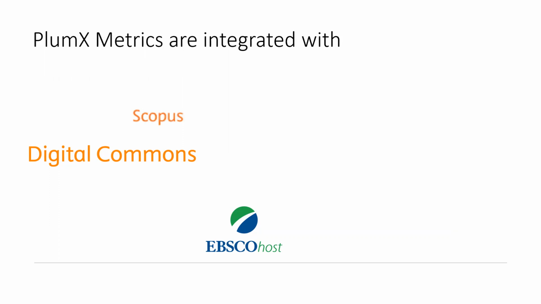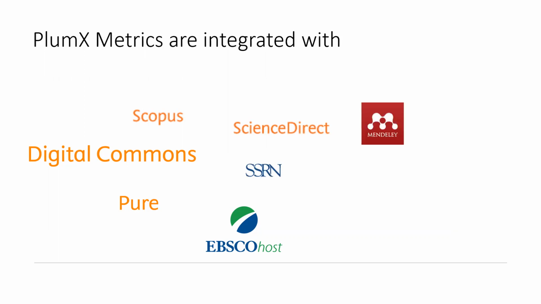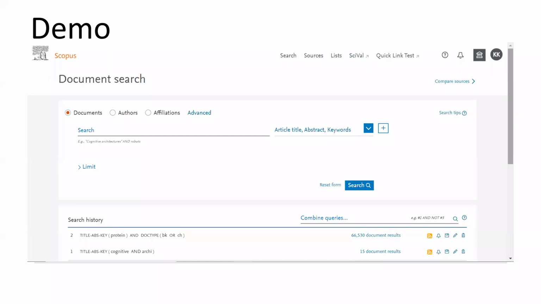So we also integrated PlumX Metrics with Scopus, with Science Direct, Pure, SSRN, Mendeley. I think that's a kind of popular solution. Also Engineering Village and ICSR Lab, sorry. And that's information on where you can find the PlumX metrics, but I think the easiest way is to find them via Scopus. That's why I would like to show you some examples.